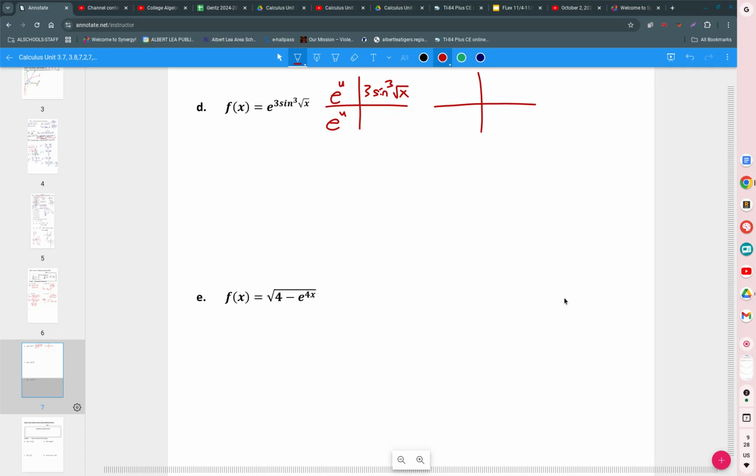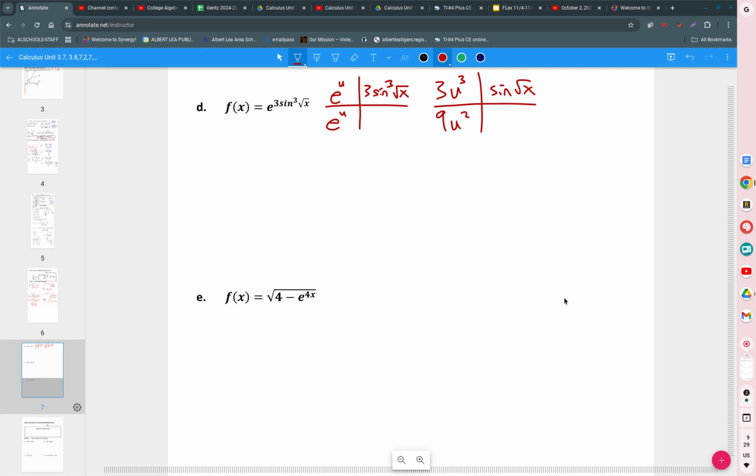Good, excellent, 3u cubed. And what is it that we are cubing? Sine of the root of x. Right. What's the derivative of 3u cubed? 9u squared. How do we find the derivative of sine of the root of x?